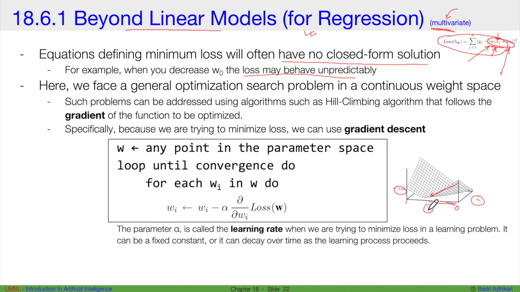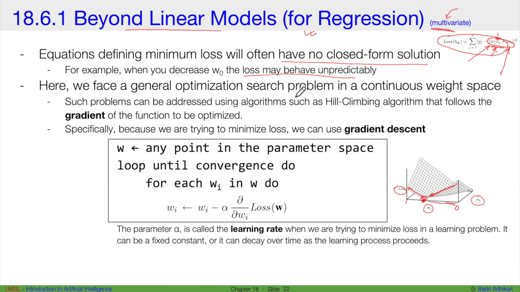Then at some point of W1, the loss is minimum, and after that, the loss goes back up again. In other words, there's this concave or convex structure of loss where the minimum is at one place. So if you keep going in one direction, you will find the minimum loss.